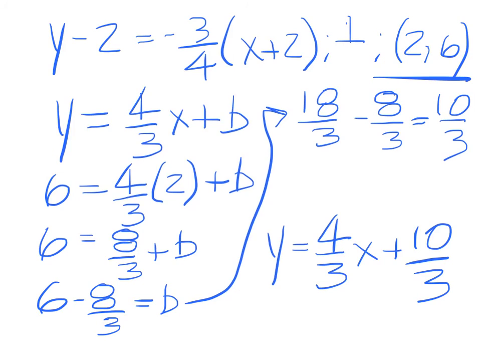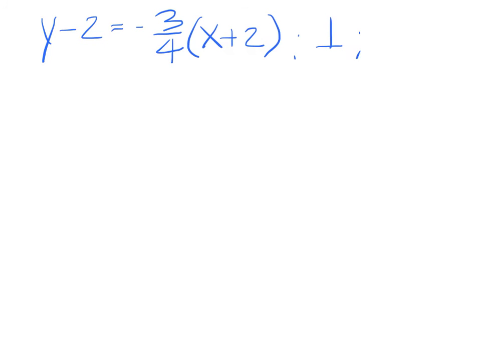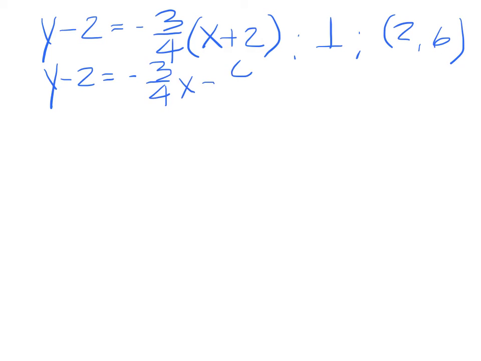Here's the same problem, but we're going to work it out another way, a third way to come up with an answer. We'll do this one the traditional way. Alright, for this one, you have y minus 2 equals negative 3 over 4 x minus 6 over 4.